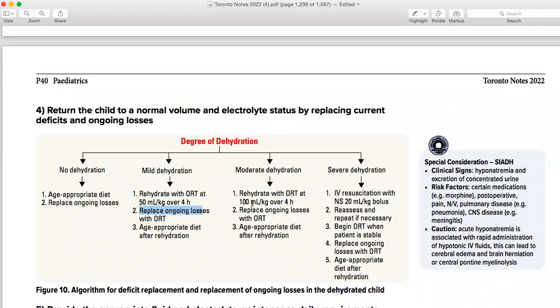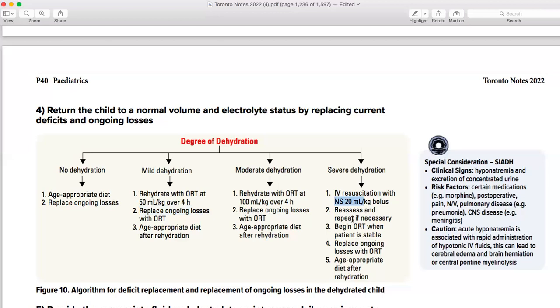Then coming to moderate, you are going to do the same, but the fluid amount is a little different: 100 milliliter, and this is basically 50 ml. Along with it, replace ongoing losses and then an age-appropriate diet. Then for severe, you cannot give oral, because you have to start with IV normal saline 20 ml, and then reassess. If necessary, repeat it. If not necessary, then start at least the ongoing losses and ORT.